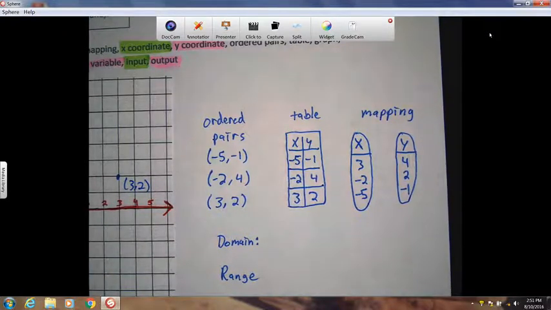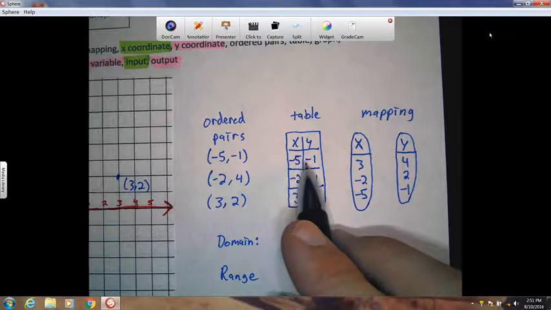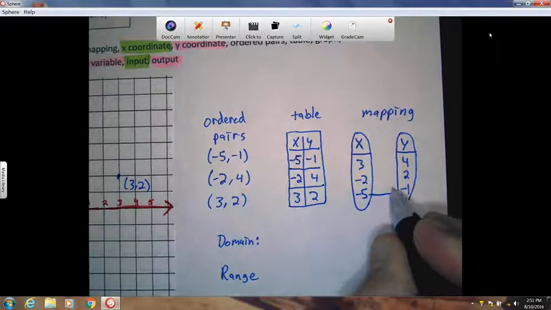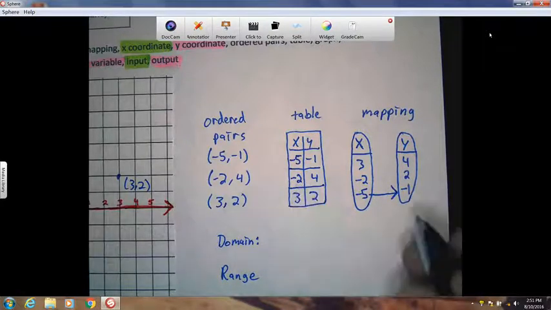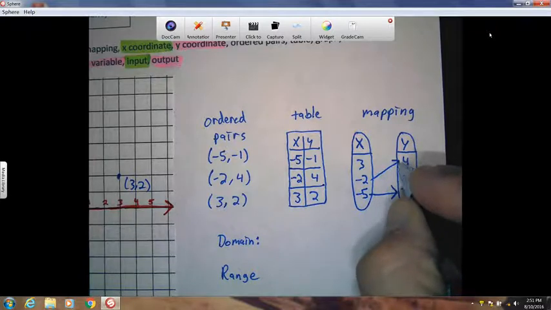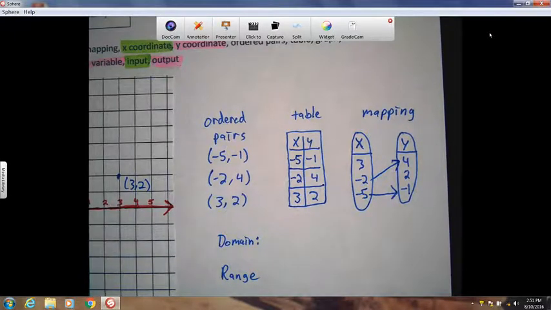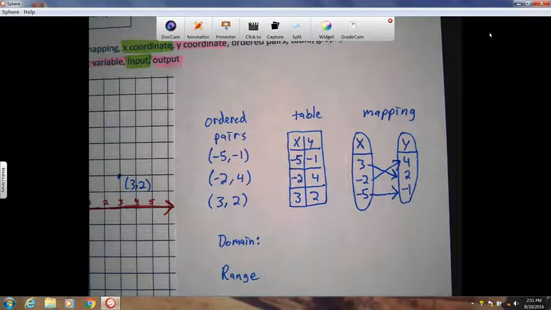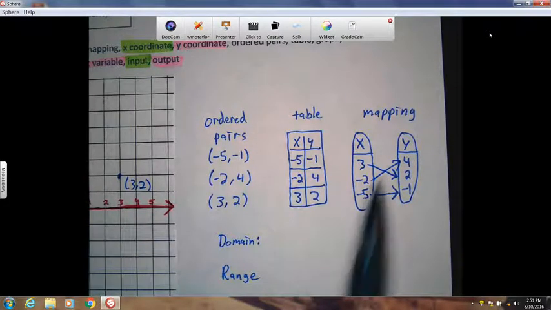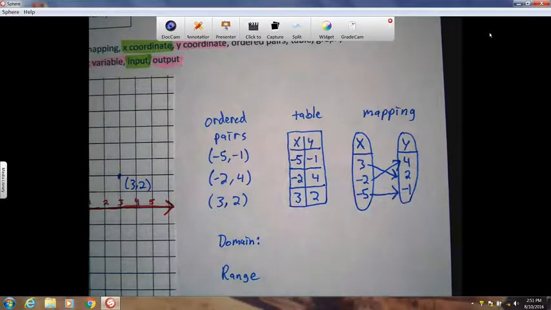Okay, so for mapping, all I have to do is draw an arrow from the X to its corresponding Y coordinate. So I have -5, -1. So -5, arrow to -1. -2, 4. So -2, arrow to 4. And then 3, 2. So that's mapping. So you've seen ordered pairs, table, and mapping. Make sure you can go from any of these to any of the others.